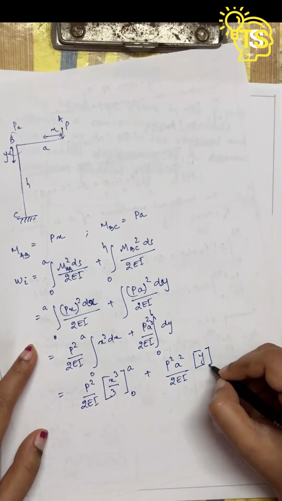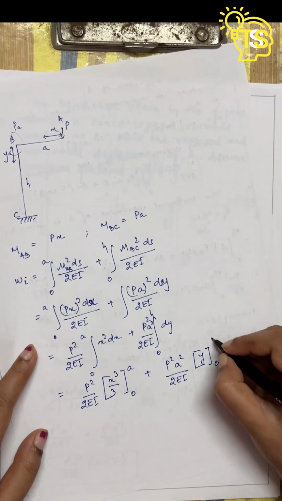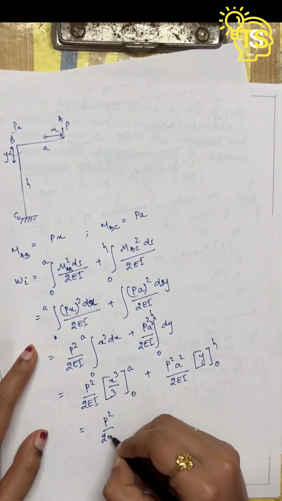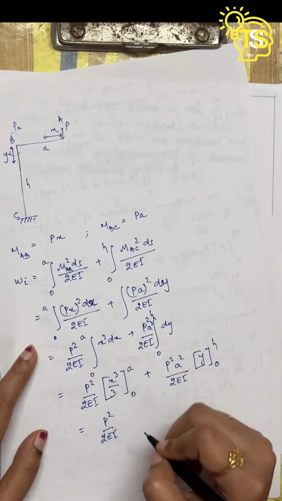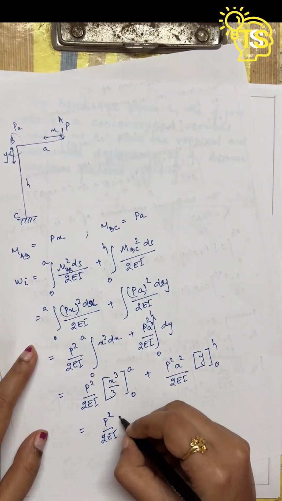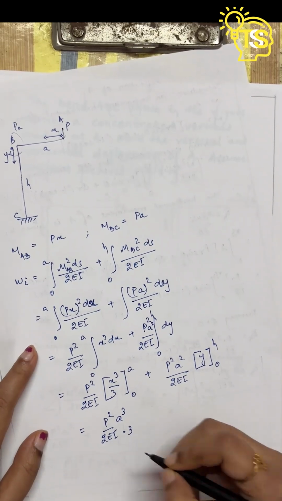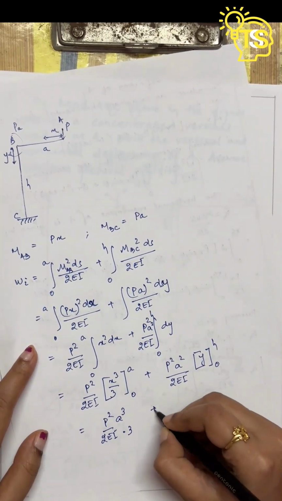Upon integrating dy, we got y with limit from 0 to h. Now on putting the value of x as a, we get a cube upon 3 into 2, that is 6.